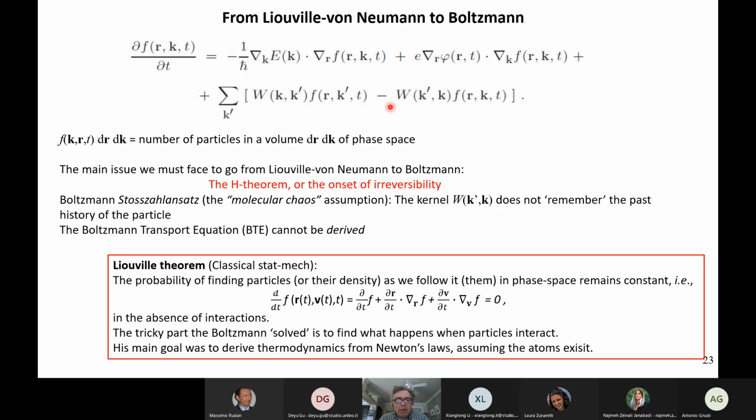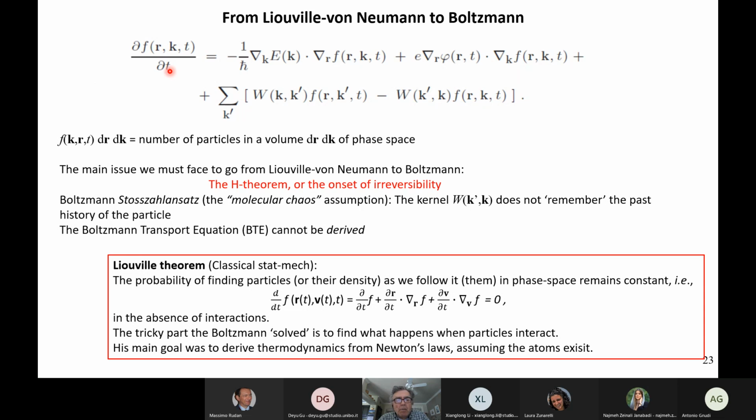It's an off-equilibrium balance. So it's not detailed balance at equilibrium, but it says that the total change of the probability of going from one point k to a point k prime is given by this expression. You can increase the probability of the number of particles at k point k, or the probability, depending on how you normalize f to 1 or to the density, is given by the collisional process that are described by these terms. What is the problem?